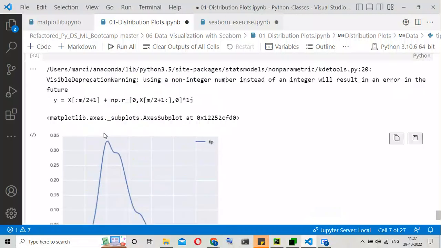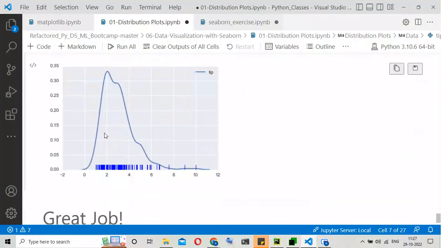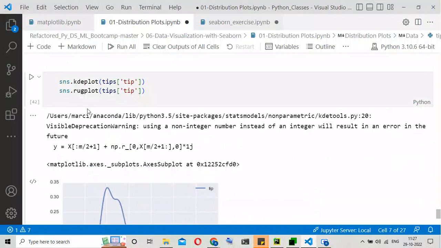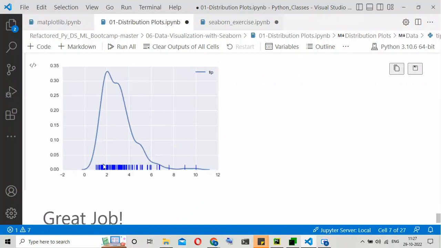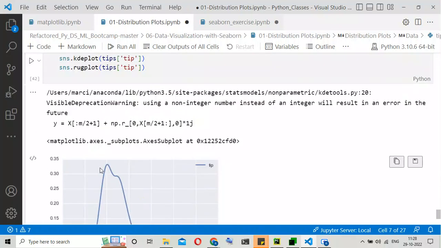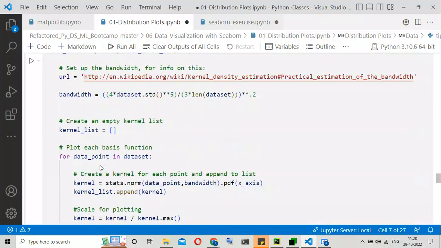After that, you can similarly plot the rug plot and KDE plot. KDE is nothing but a distribution percentage plot, the density distribution percentage.